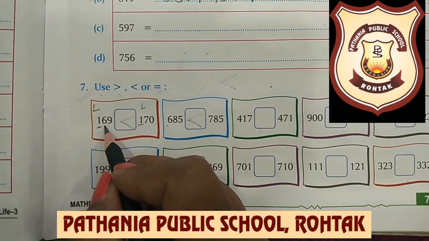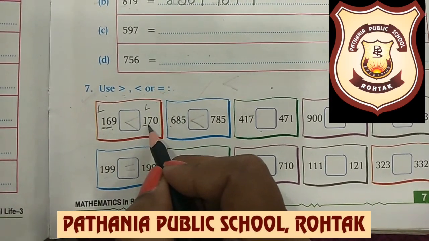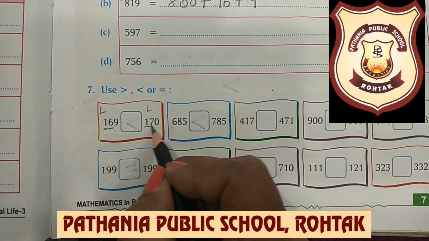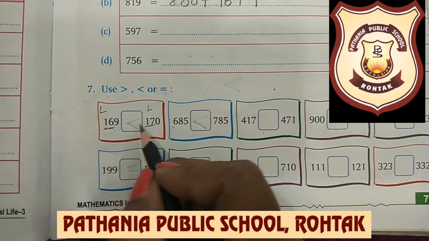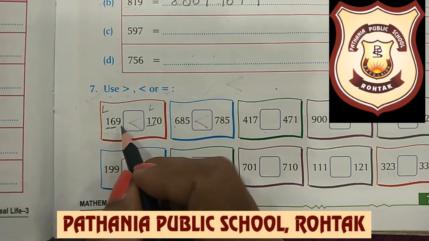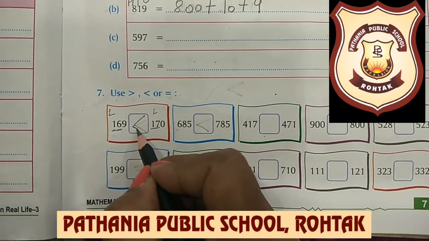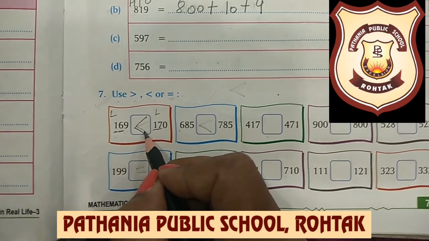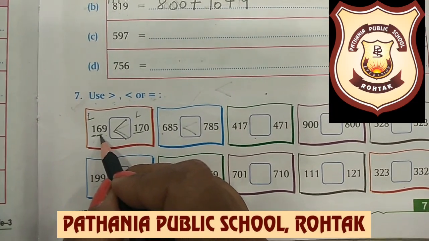Here in 169 the second number is 6 and in 170 the second number is 7. It means 7 is greater than 6, so 170 is greater than 169. And here we will put the greater than sign in front of 170. Means 170 is greater than 169.